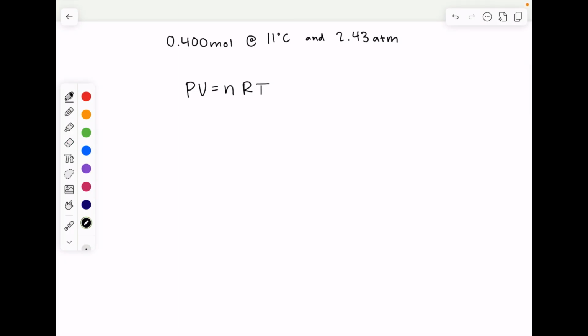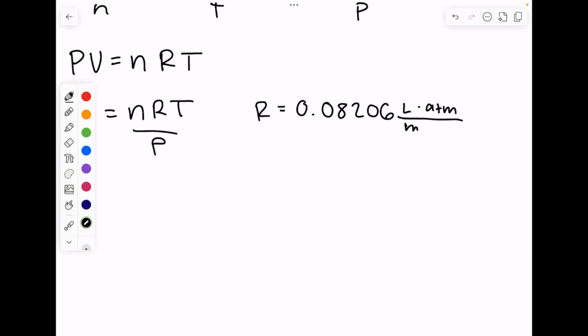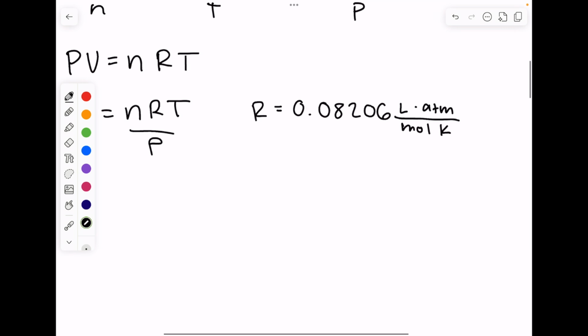The ideal gas law can be used to find any one of the four variables if we're given the other three. So in this example, we're given N, T, and P. So our missing value, V, we can find by rearranging the ideal gas law equation into nRT over P. And from our last section, we know that R is equal to 0.08206 liters times atmospheres divided by mole Kelvin.